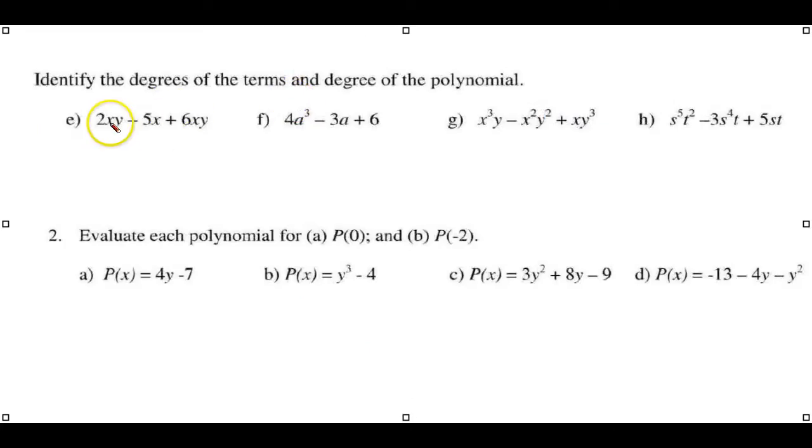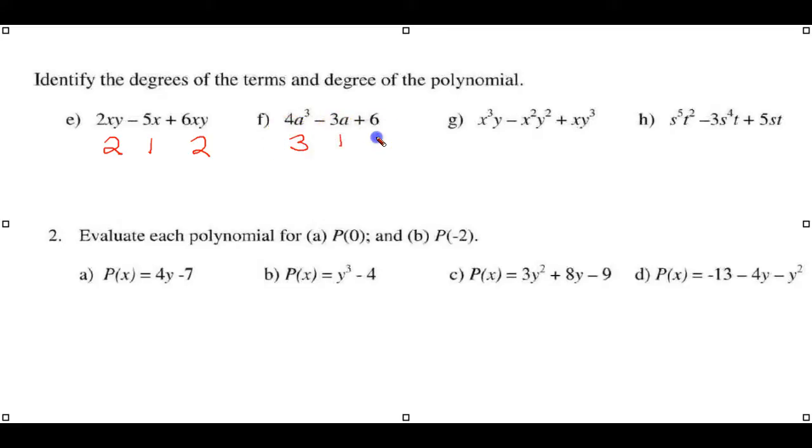Now in this example, they want you to identify the degree of the terms and the degree of the polynomial. So let's do it together. This is 2. This is 1. This is 2. Remember, there are ones when there isn't an exponent written. This is 3.